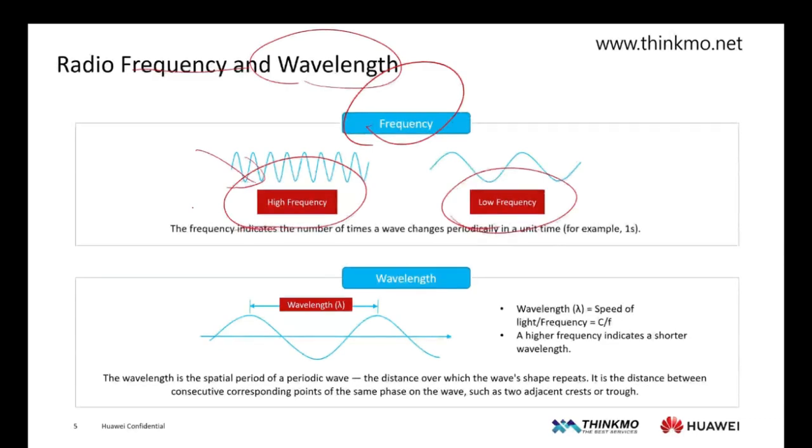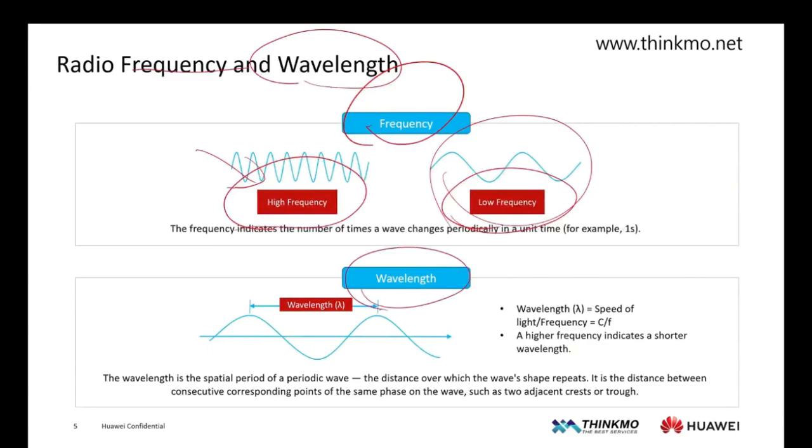If more waves are transmitted, then it is considered high frequency. For example, if only 2 waves are transmitted in 1 second, then it is low frequency. The definition of frequency is the number of waves that can be completed in a unit time, which we call frequency.